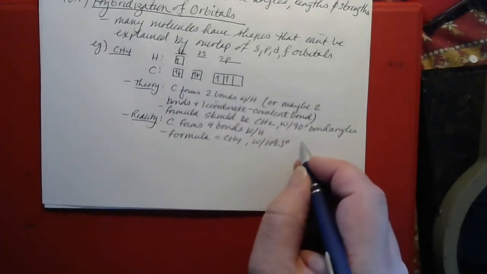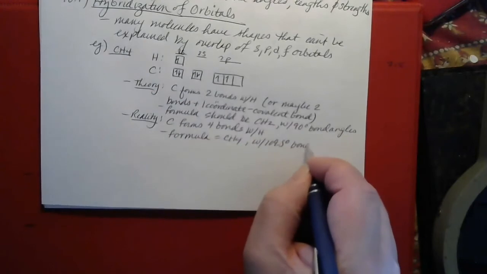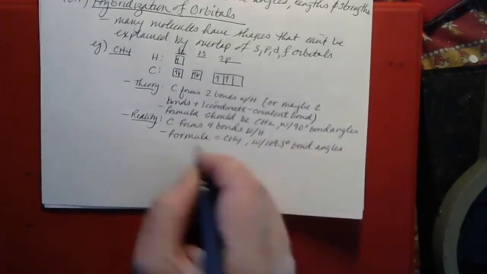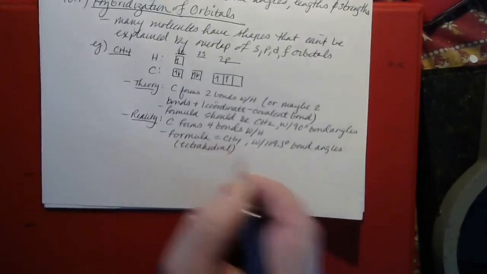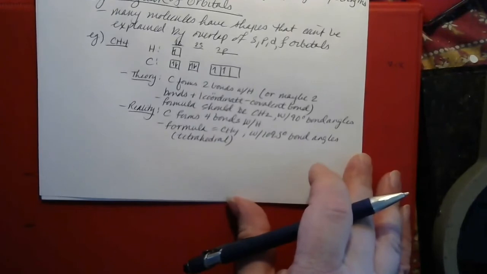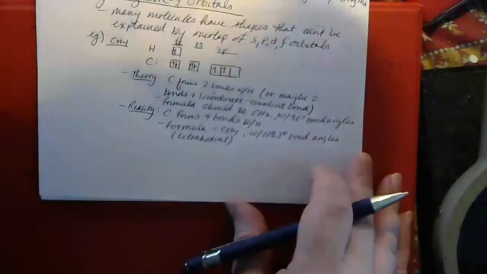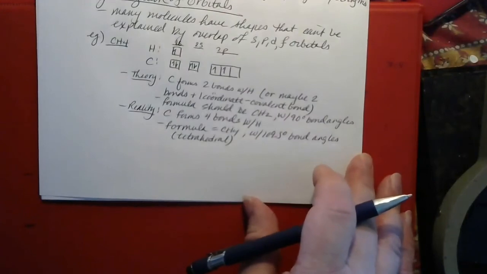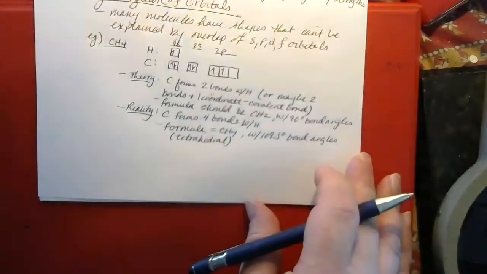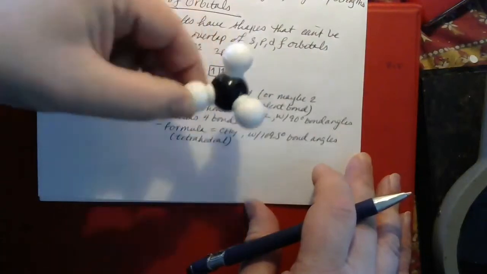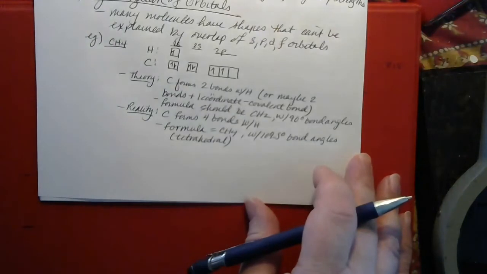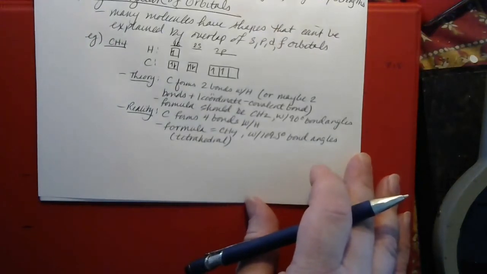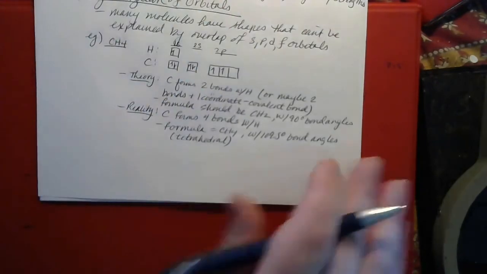And the bond angles are 109.5, because as we saw when we did the VSEPR theory, CH4 is tetrahedral. There we go, tetrahedral, like that. And that can only happen if there is what's known as hybridization between s and p orbitals.